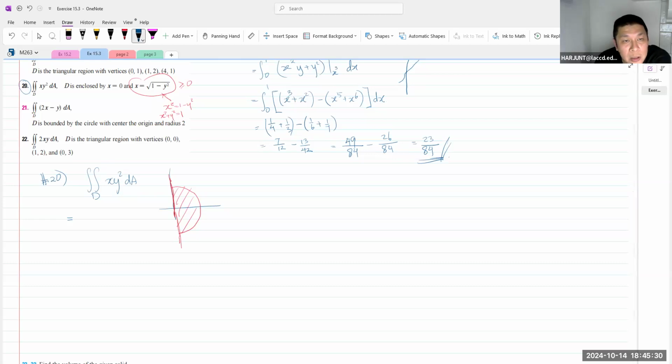You know what? I think I will do the x from 0 to 1. The y will be from negative square root of 1 minus x squared to square root of 1 minus x squared of x y squared dy.